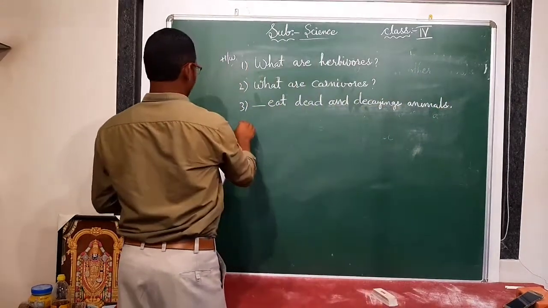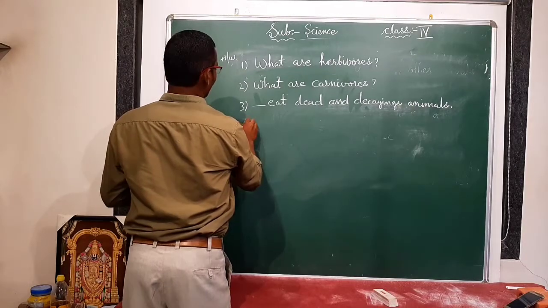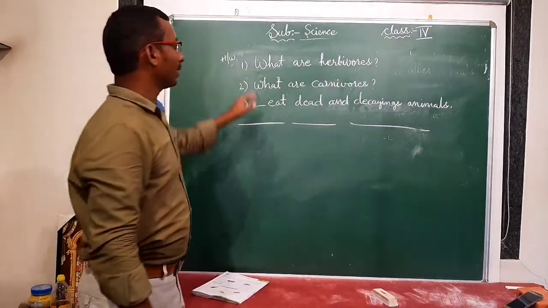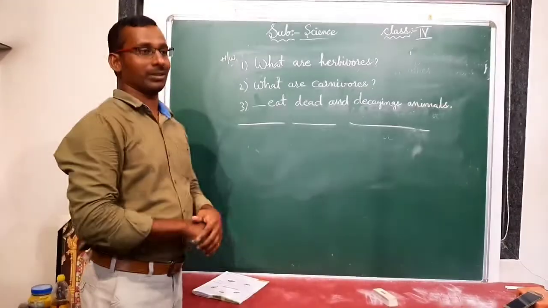What are herbivores? What are carnivores? Dash eat dead and decaying animals. Okay, this is homework.